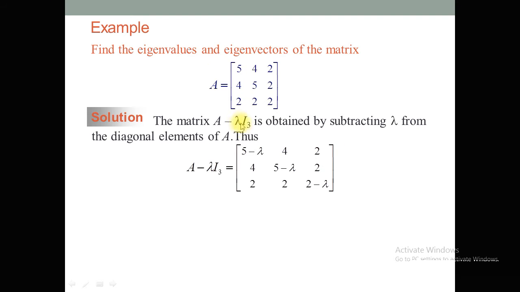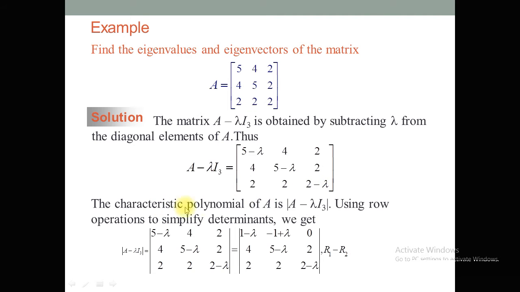Multiplying the eigenvalue lambda with the identity matrix, you will obtain lambda, lambda and lambda on the diagonal. So just subtract lambda from the diagonal of the matrix A. You see over here: 5 minus lambda, 4, 2; 4, 5 minus lambda, 2; 2, 2 and 2 minus lambda.